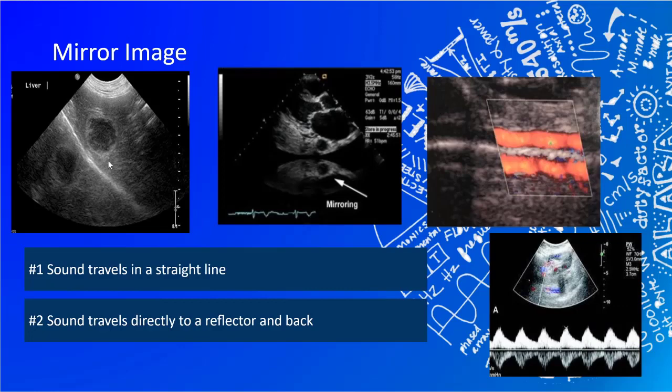And because of that, the sound strikes this and then gets sent deep into the body again. And when that happens, these reflectors are going to come back to the machine a little bit later. And as they come back to the machine later, the machine calculates them to be deep into the body.